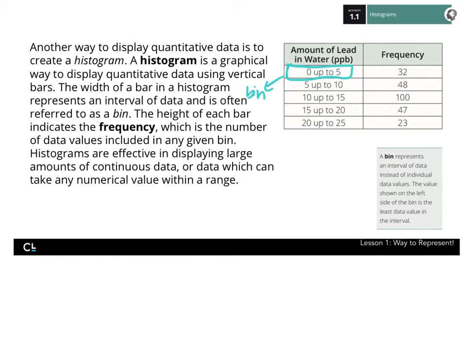So if you see that on your homework, it's a bin. That's a bin that you're putting all of those that fell into that category in. These are really good for displaying a lot of data, so you can see quickly what those numbers are and where they fall. This is what we're using, this frequency table they made.